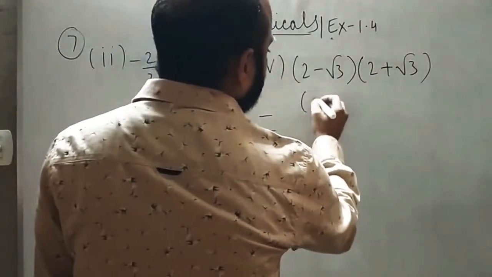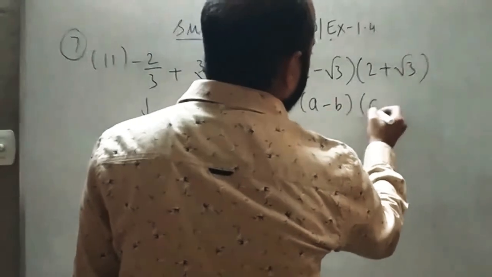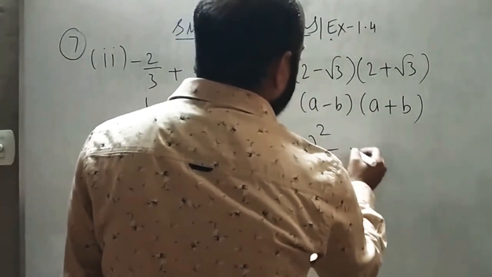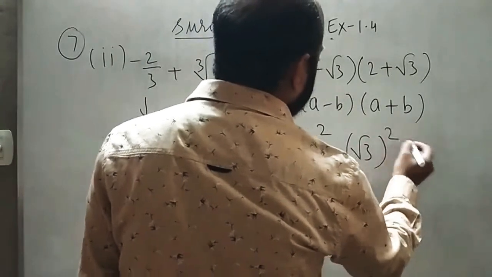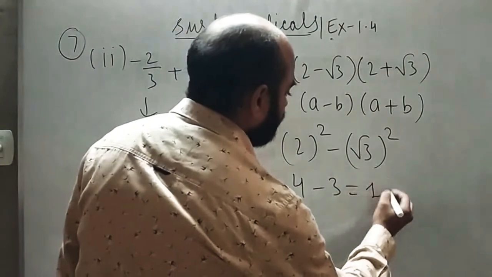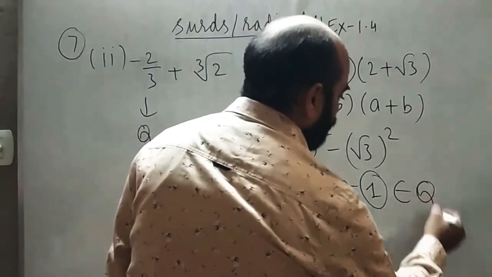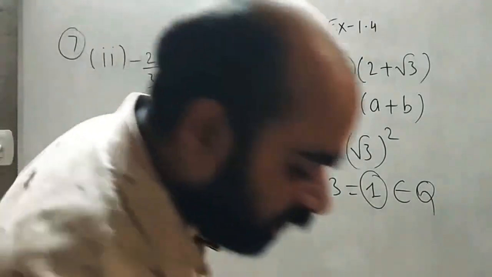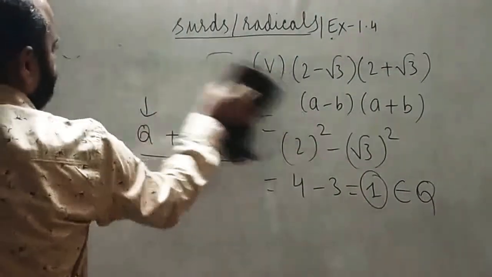We can apply here a minus b, a plus b, so that will give 2 square minus root 3 square. Correct? So this is 4 minus 3, that is 1, and 1 is rational. Clear? Similarly, we have another question.